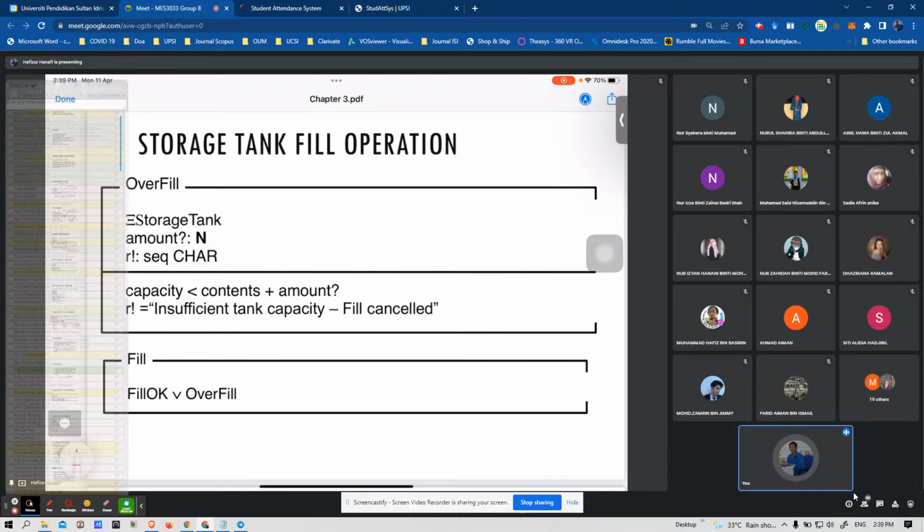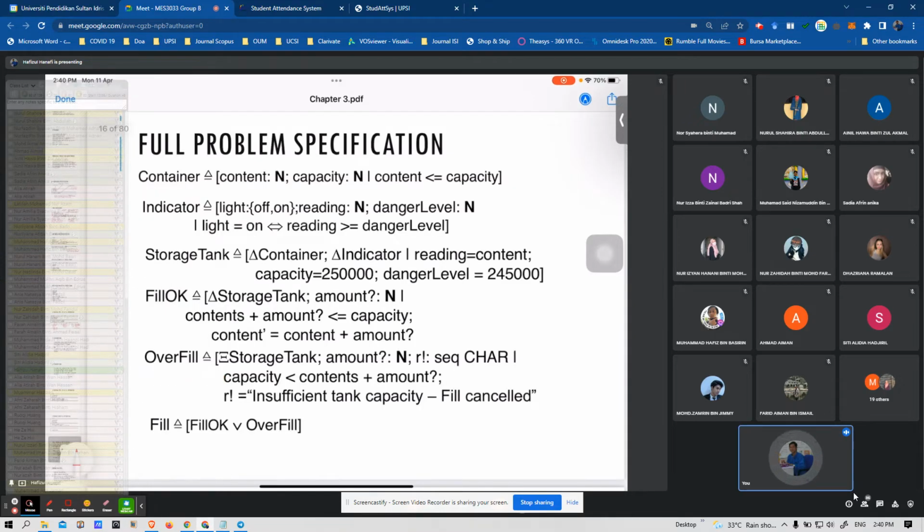We have Xi storage tank, amount, and then r exclamation mark as output, a sequence of characters, and then a predicate: capacity less than content plus amount, and r as output, insufficient tank capacity minus a field cancel, or overfill. Okay, and then this one is the full problem specification.